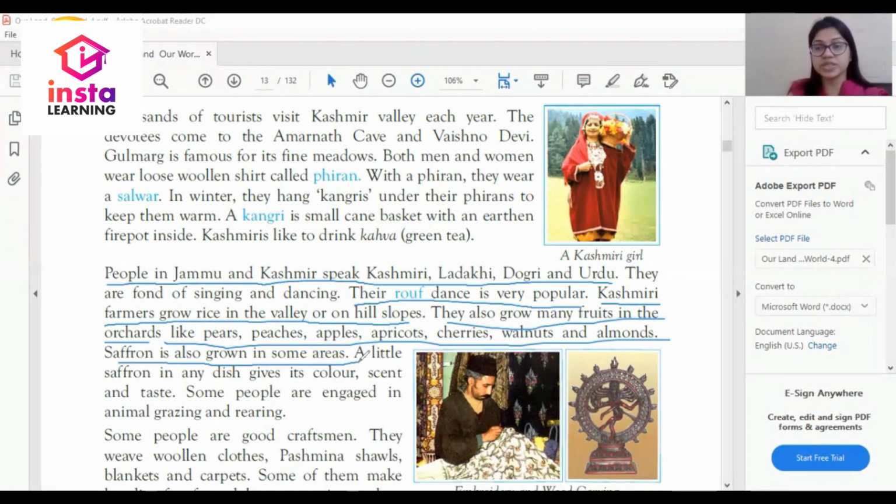Pears, peaches, apple, apricot, cherries, walnuts, almond, and saffron. A little saffron in many dishes gives its color, scent, and taste. Some people are engaged in animal grazing and rearing.